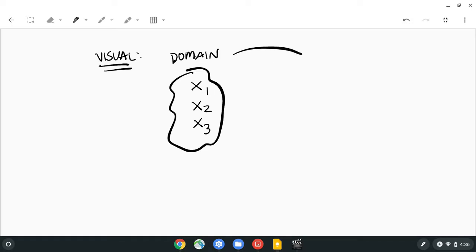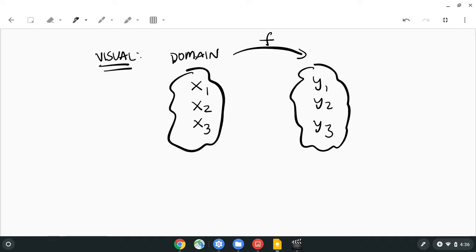Okay, and so we have a function, call it f, and it maps these x values over here to these guys in some way. So this set over here is called the range.